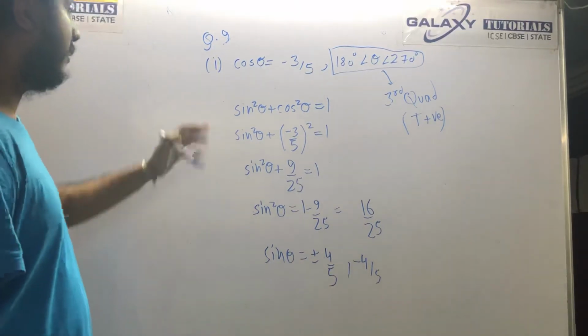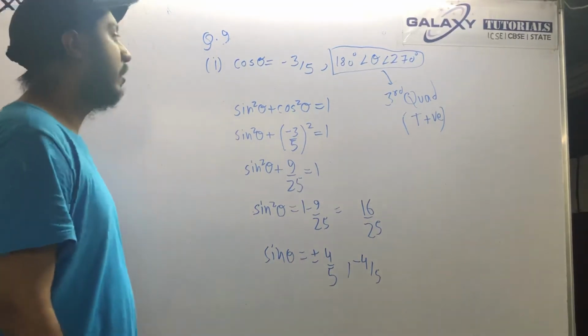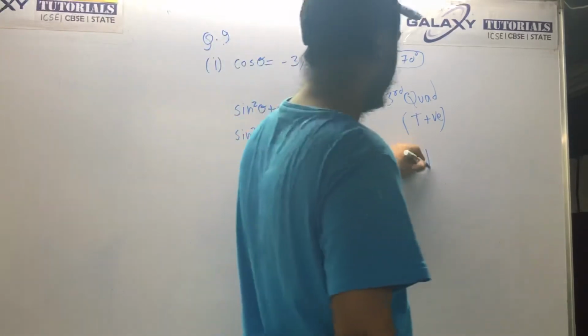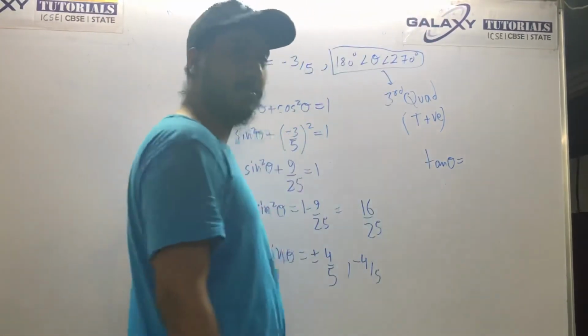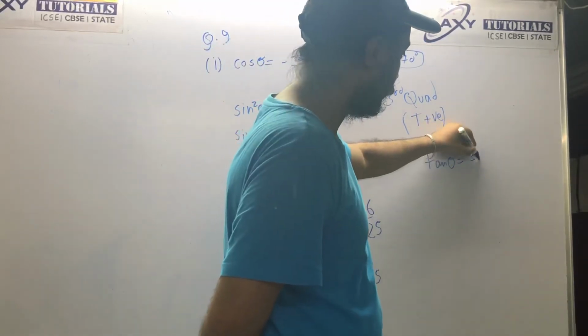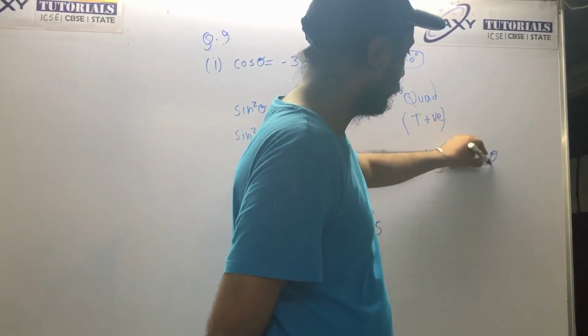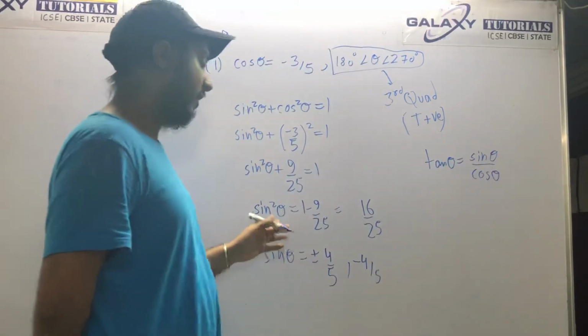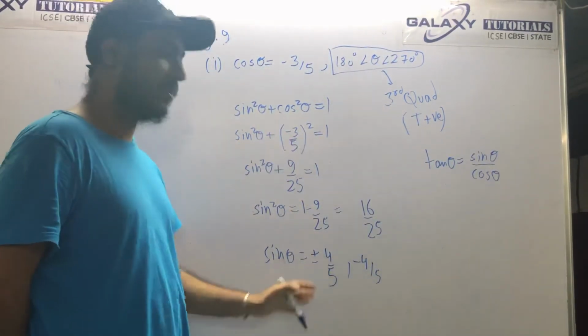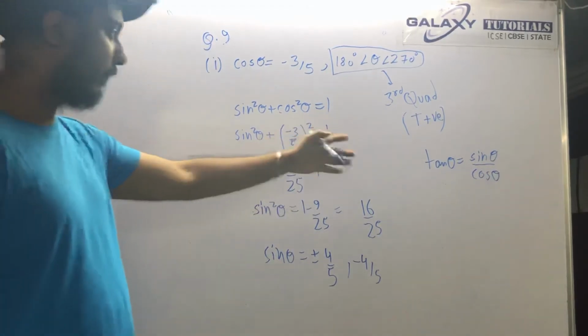So you know sine theta, now you know cos theta also. So we will find tan theta. Tan theta will be sine theta upon cos theta. Once you have found the value of cos and sine with correct signs, you don't have to use your mind here.